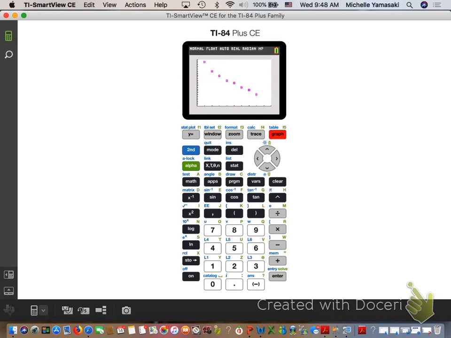Okay, so the next thing we're going to do is actually calculate our line of best fit and compare it to the one we got. So I'm going back to stat. Everybody goes to stat. And then I'm going to go to calculate. I'm going to arrow over to the right. And we're going to go down to number 4. See where it says LinReg?